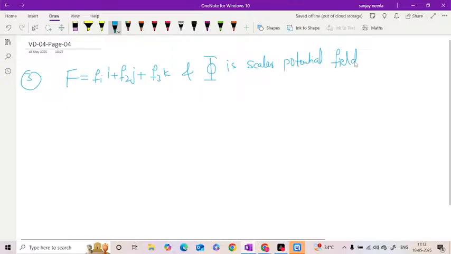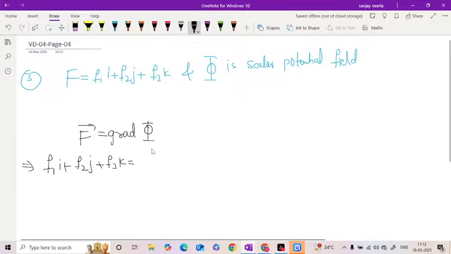Then what is the relation between these two? Already we know that f is the gradient of pi. So f1 i plus f2 j plus f3 k is equal to the gradient of pi, that means i dou pi by dou x plus j dou pi by dou y plus k dou pi by dou z.